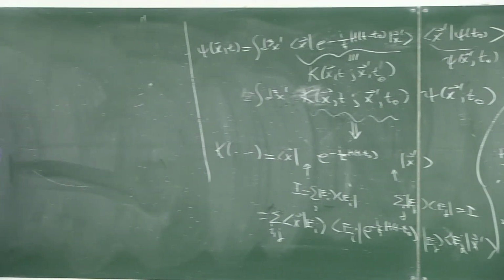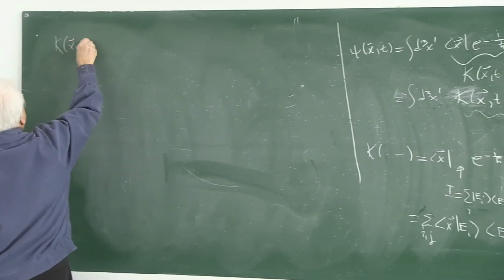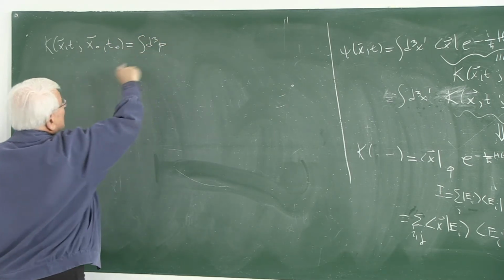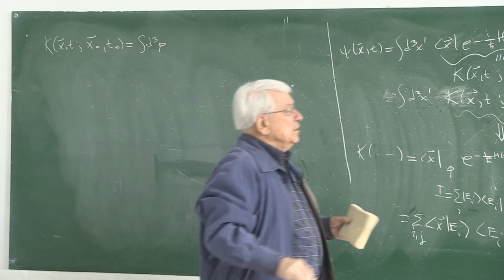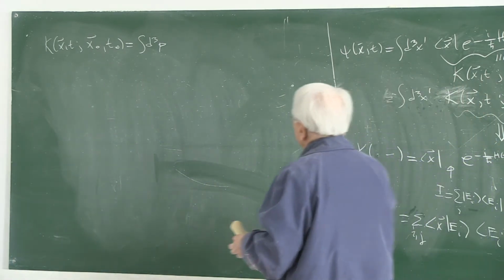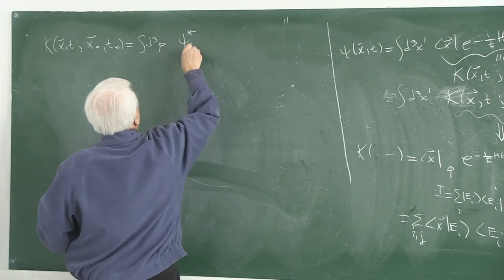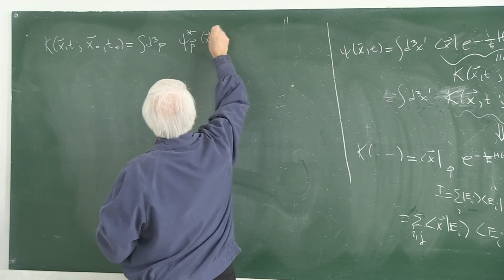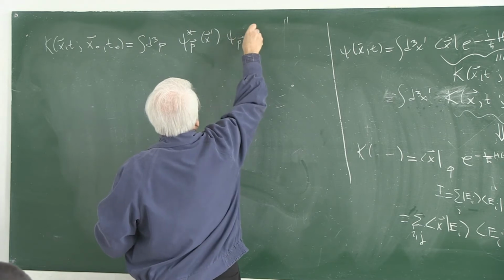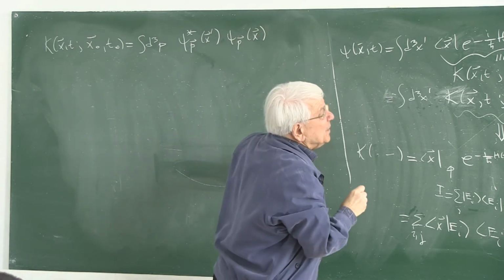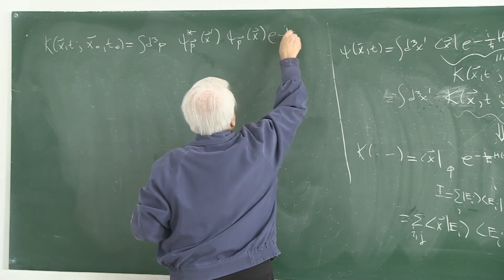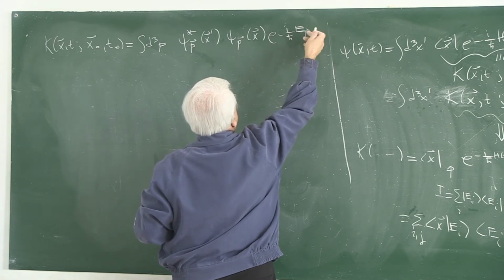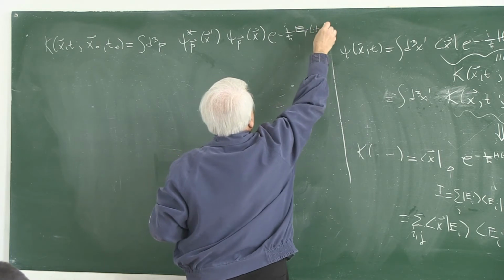So, K(x, t; x0, t0) equals the integral d cube p, the discrete sum over i converted into a continuous sum, of psi star p of x prime, psi p of x, e to the minus i over h bar, e, well, from this point on, if you want, put the p in here, t minus t0.